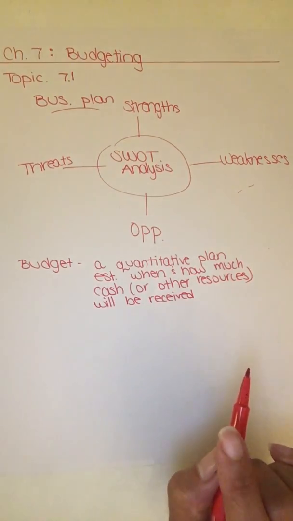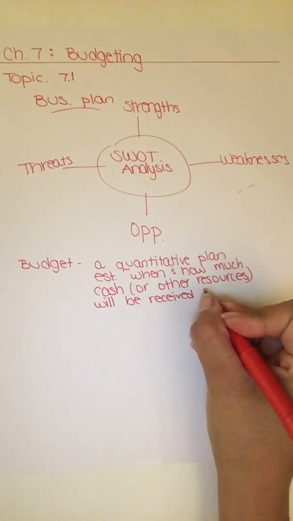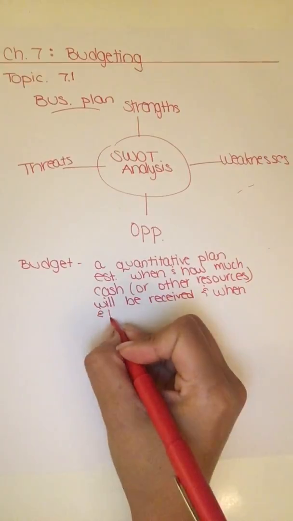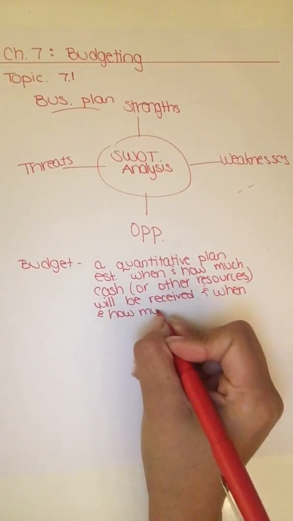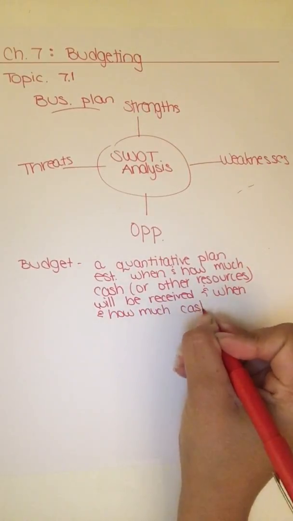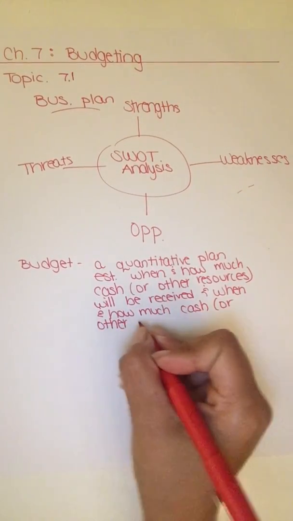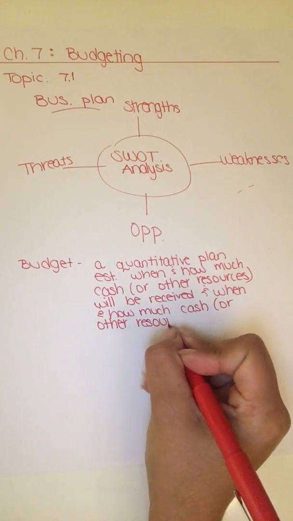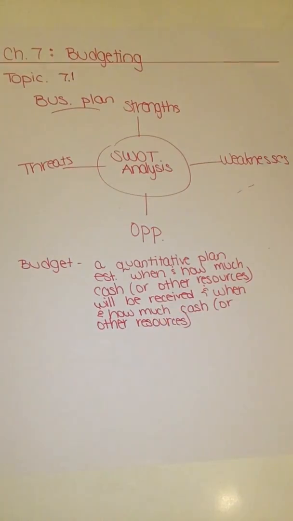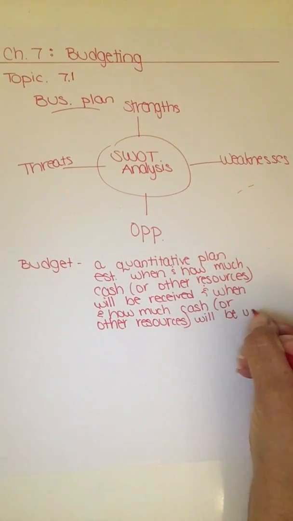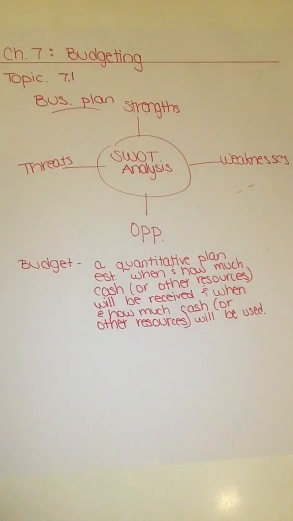And the second part of that is, and when and how much cash or other resources will be used. Okay, so that's our definition for a budget.